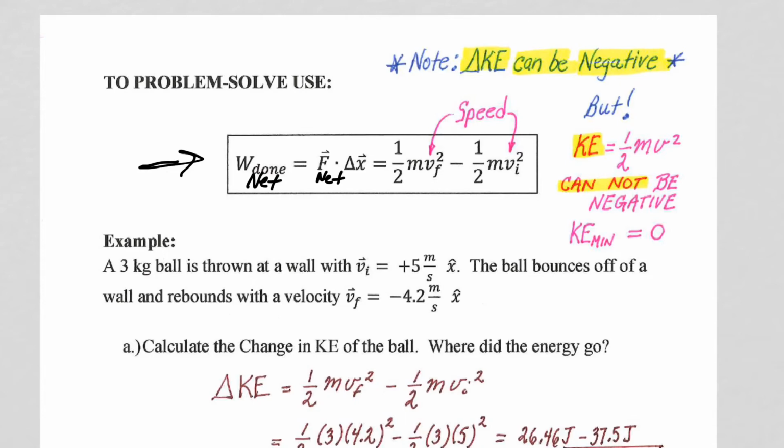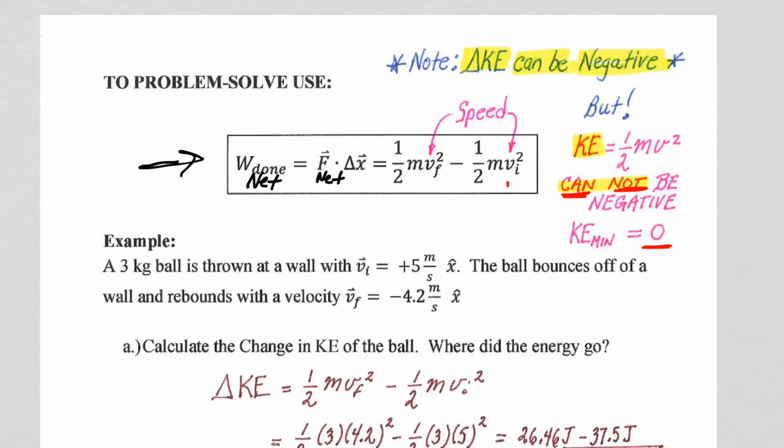The v's in this equation are speed, so they're not negative. Kinetic energy is not negative because we're squaring the speed. It's speed squared, and speed is always positive. Anyway, kinetic energy cannot be negative because the least amount of kinetic energy you can ever have is 0.